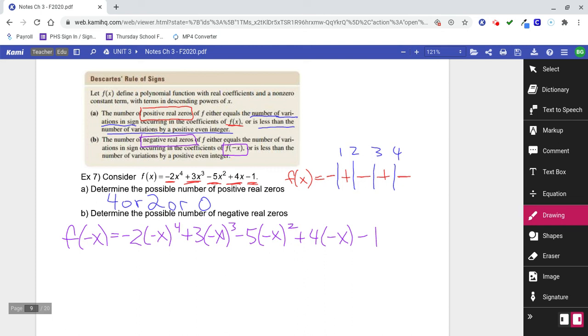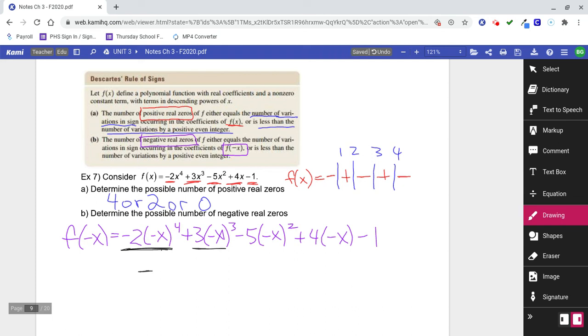Okay, I change x to negative x, and I'm looking at it, okay? And if you look at this first term, I see 5 negatives. Do you see 5 negatives? There's a negative 2, and then there's a negative x to the 4th power. I see 5 negatives, so that result, whatever it is, is going to be negative.